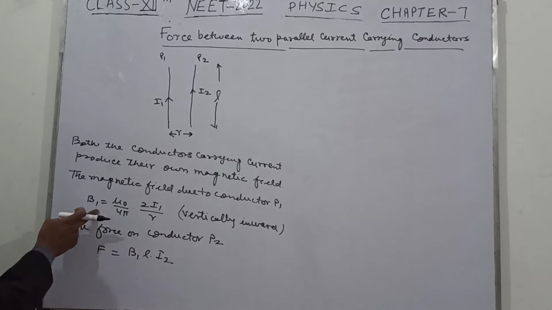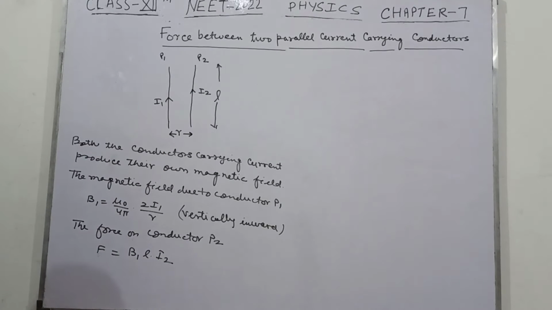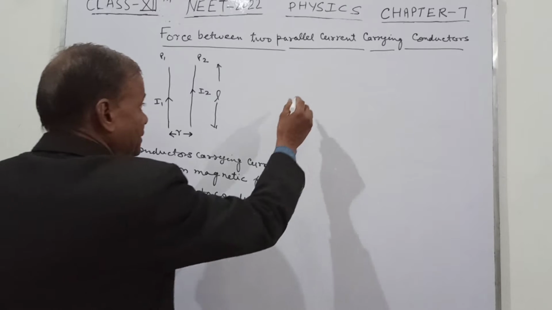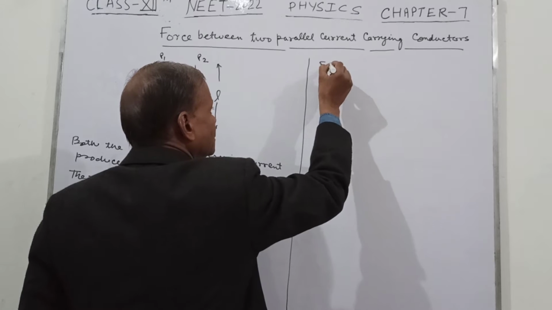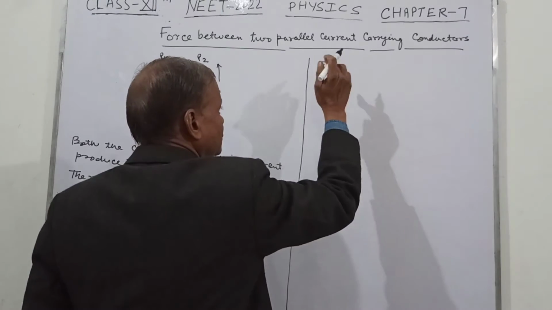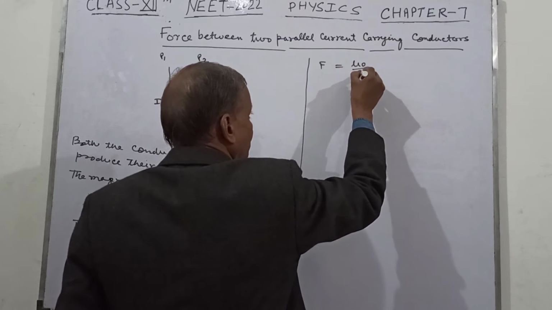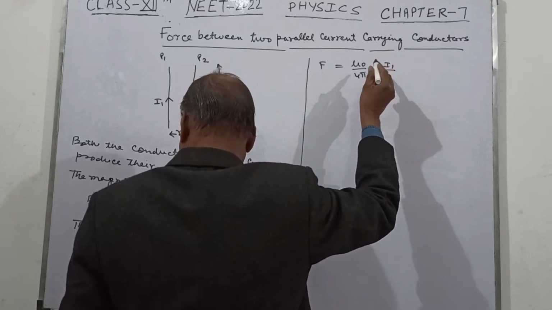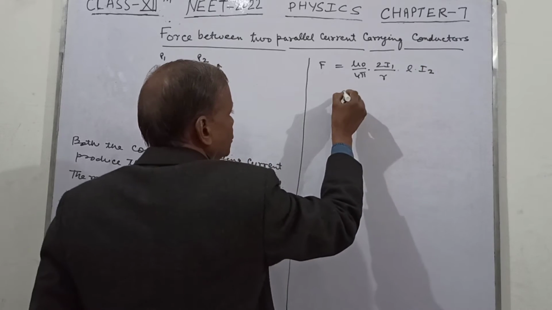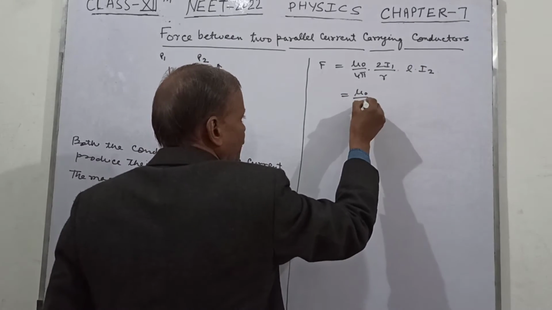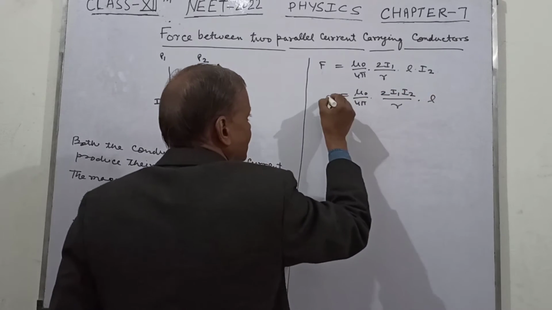So B1 is the magnetic field due to this one, L the length of this conductor, then I2 the current in this conductor P2. So now what we have? F is equal to mu naught upon 4 pi into 2 I1 upon R into L into I2, or this is equal to mu naught upon 4 pi into 2 I1 into I2 upon R into L. This is now equal to F.